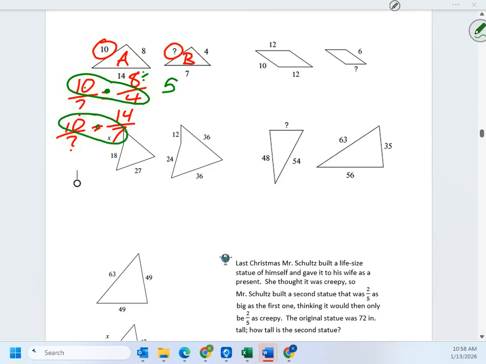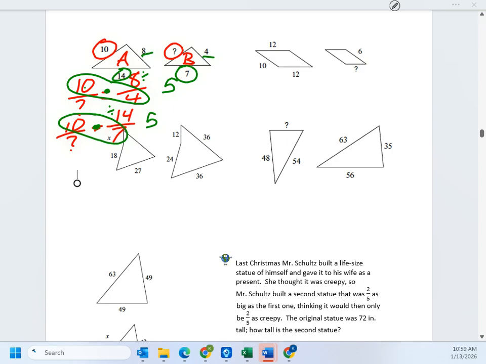Here, 10 times 7 is 70, divided by 14 is that same 5. So if it's proportional, and they are similar polygons, it doesn't matter which side you use, you'll get the same answer. Okay? So you could decide, do I want to do 14 and 7, or do I want to do 8 and 4? Same answer. Make sense?